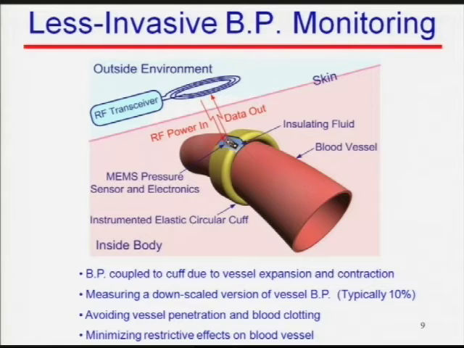So the cuff needs to be built using elastic material loosely coupled to the vessel, so that you don't apply too much pressure on it. But the loosely coupled configuration also results in reduced signal coupling. If it's very tight, you get a large amount of signal coupling, but it's not good for the local pressure. If it's loosely coupled, the story turns around.